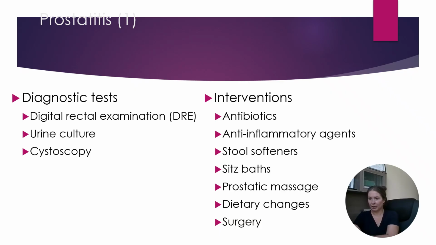Lifestyle changes, so dietary changes. We want to avoid bladder irritants, so caffeine, alcohol, spicy foods, and surgery if necessary. Okay, this is rare, but if there is an abscess, you would go for a surgical intervention. Just want to encourage our patients to hydrate to help flush out bacteria, and then monitoring for any urinary retention.